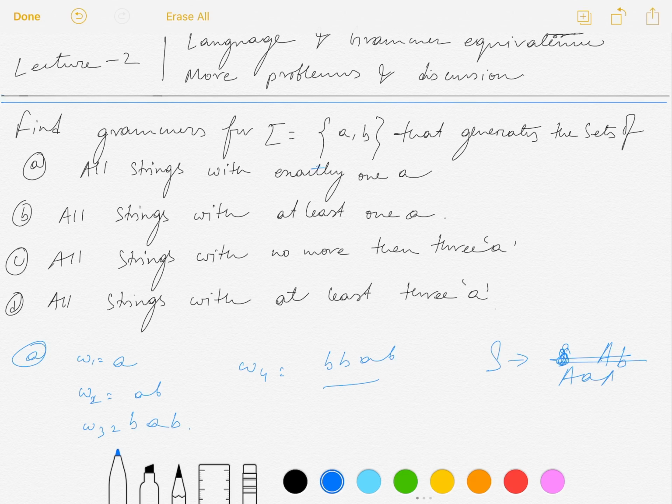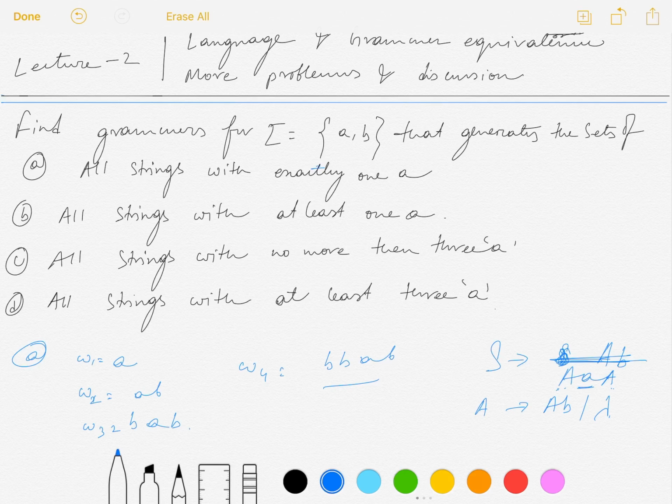So let us write it as S equal to A capital A, and as it is exactly one A, A must be there, and capital A will be replaced by B, and A will be stopped by lambda. We can write it like this. Let us explain how it is coming: the small a ensures that exactly one A must be there, and the capital A's are the positions of the B, where any number of B may be there.